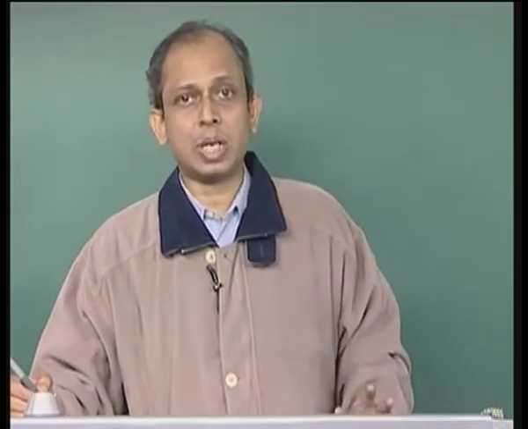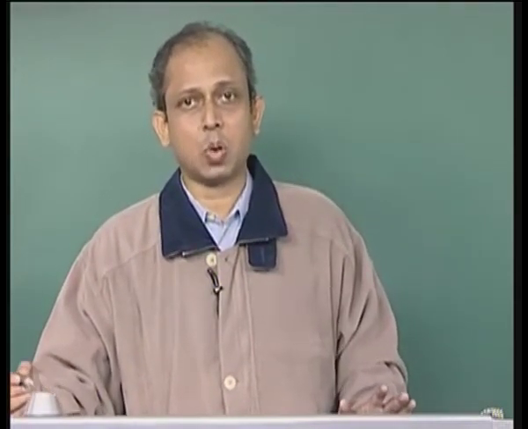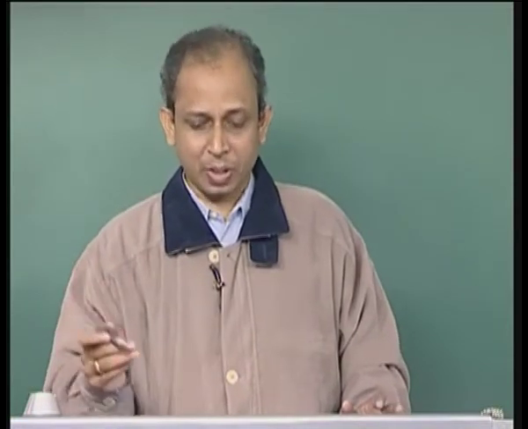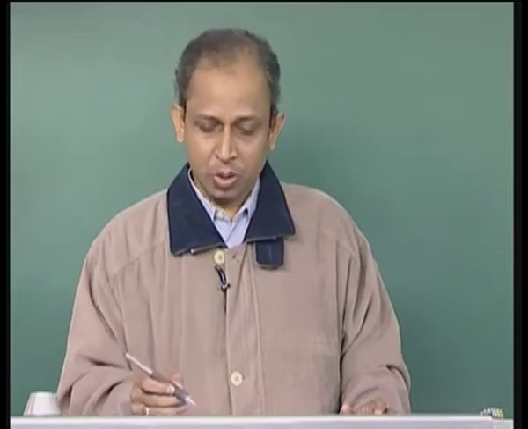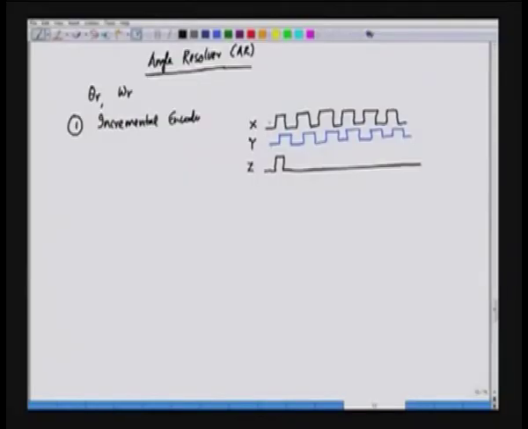So, depending upon the direction of rotation of the rotor, x may lead y or y may lead x. So, by counting this number of pulses, we can get the information about theta r.